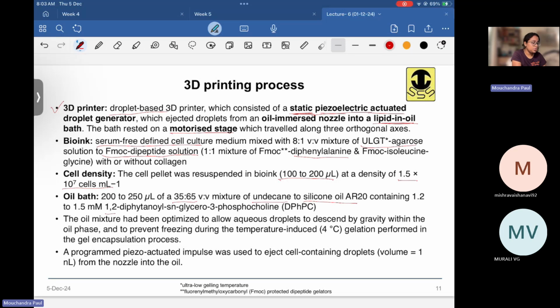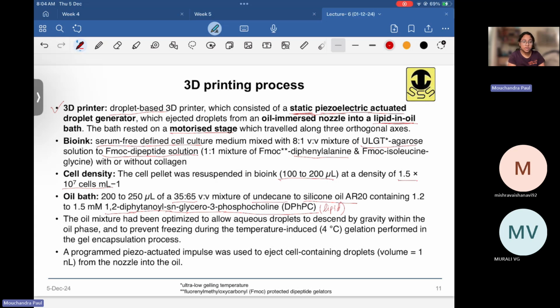It is 1,2-diphytanoyl-sn-glycero-3-phosphocholine, short-formed as DPHPC. Okay, so this is the lipid molecule, and the oil is basically containing undecane and silicone oil. All right. So this is the entire setup.